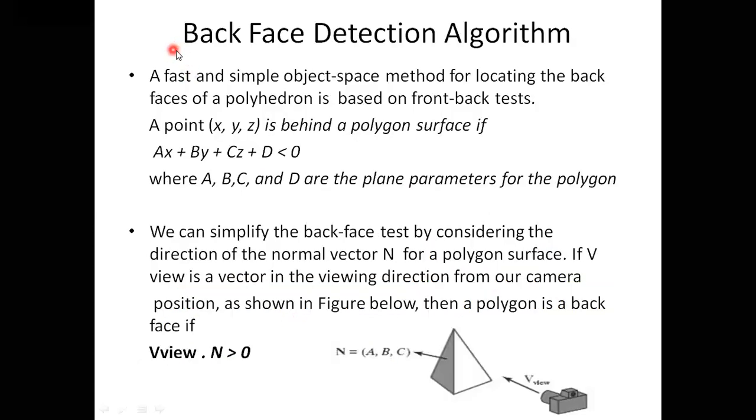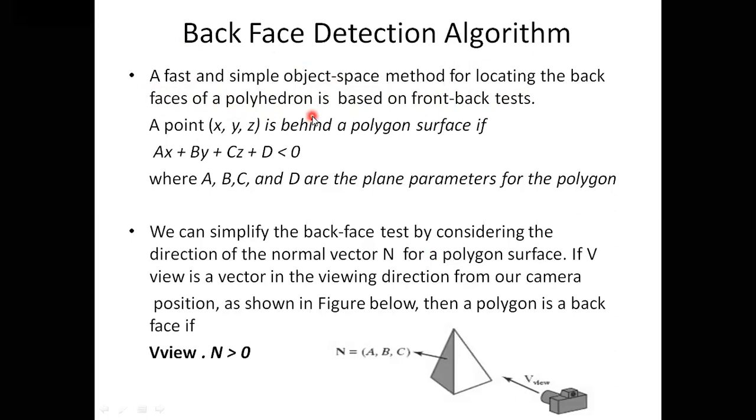So yes, the back face detection algorithm. The back face detection algorithm is an object space method. It is a fast and simple object space method for locating the back faces of a polyhedron or polygon in general.